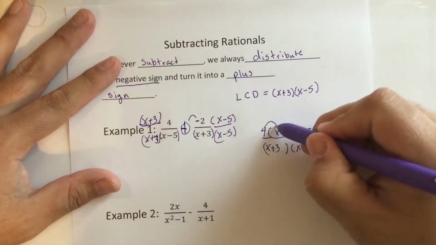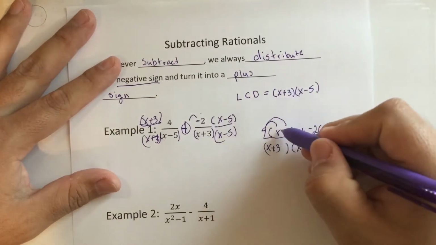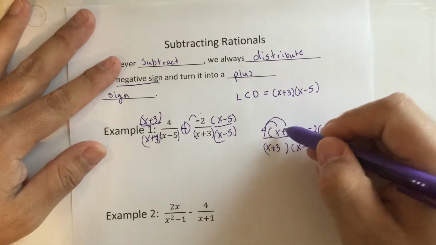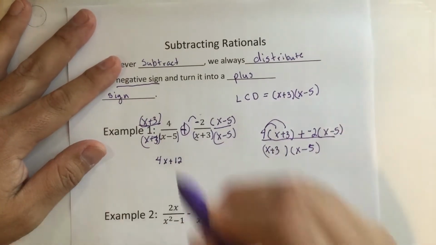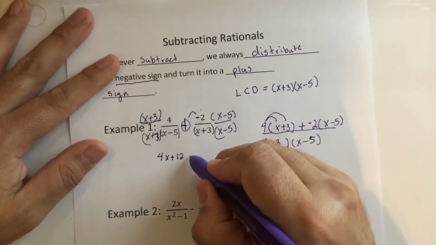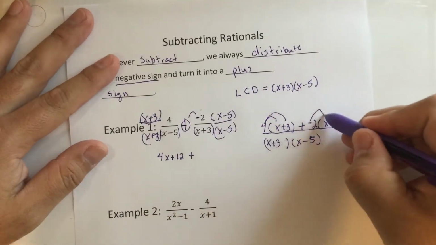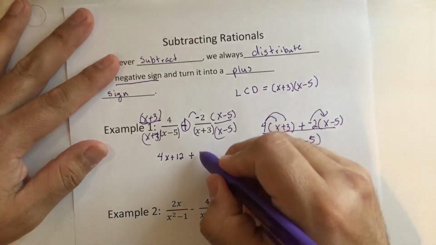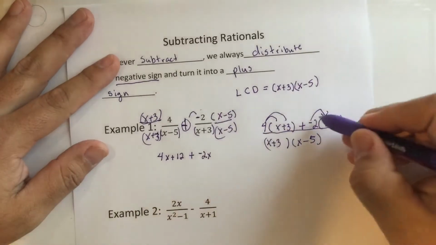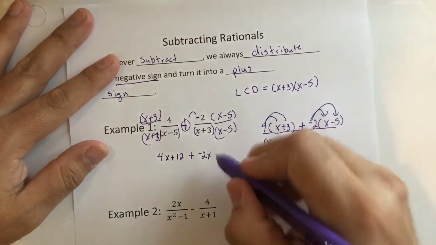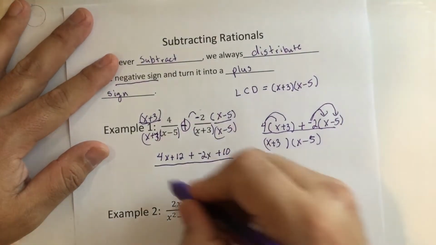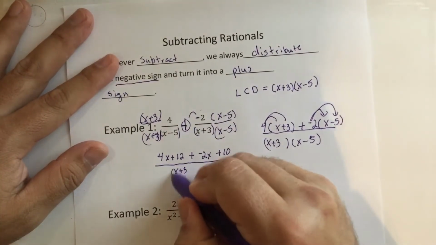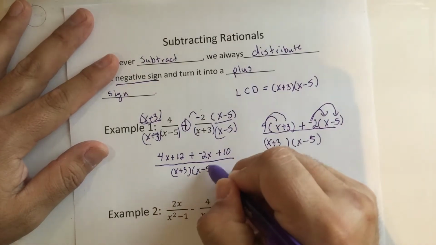So now I distribute. 4 times x, 4 times 3, so that gives me 4x plus 12. Plus negative 2 times x is a negative 2x. Negative 2 times negative 5 is a positive 10. All of this is over our LCD, which we said was x plus 3 times x minus 5.